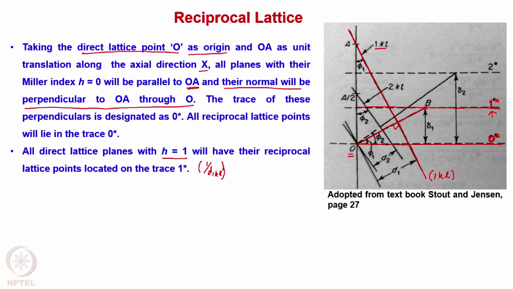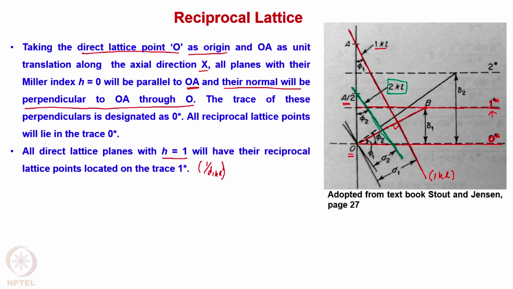In the same manner, the planes which will pass through the midpoint of OA, which is A by 2, the plane which I am drawing in green, is marked here as well. It is a 2kl plane.